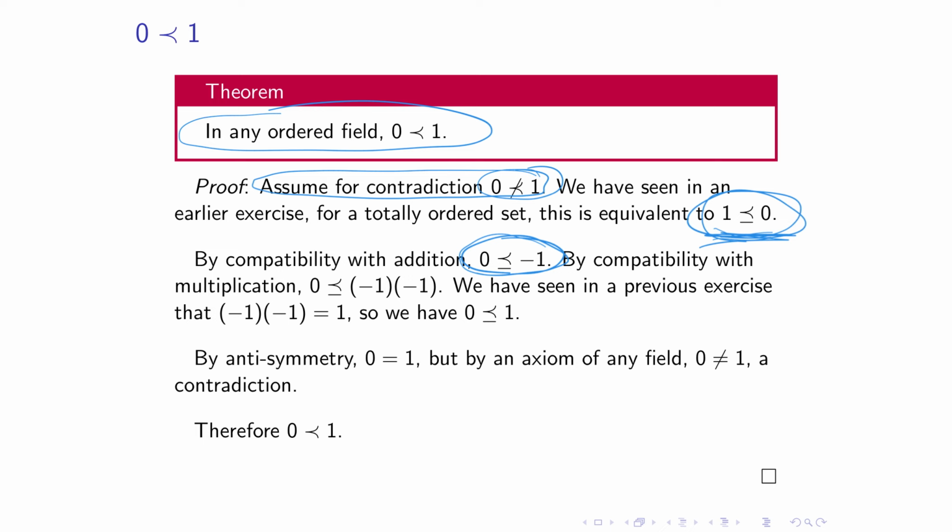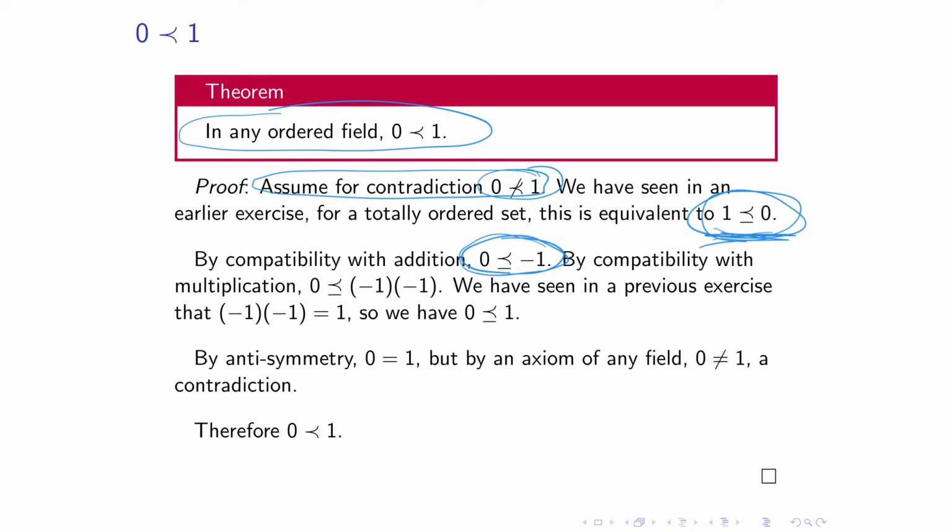Okay, from here, what do we do? Well, if we've got the number 0 around and we've got the number -1 around, let's just see what we can do with those numbers, and multiply throughout this inequality by -1.